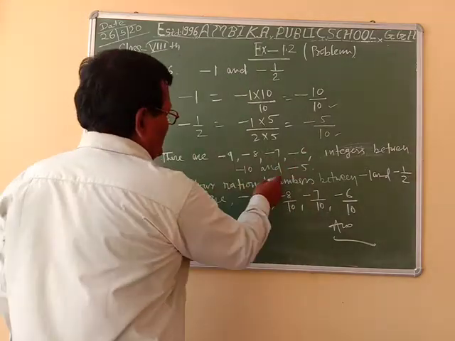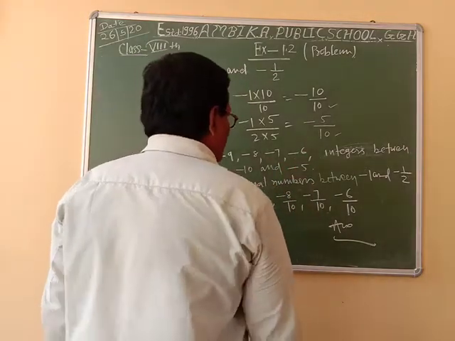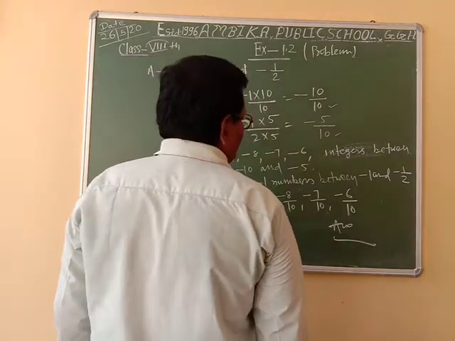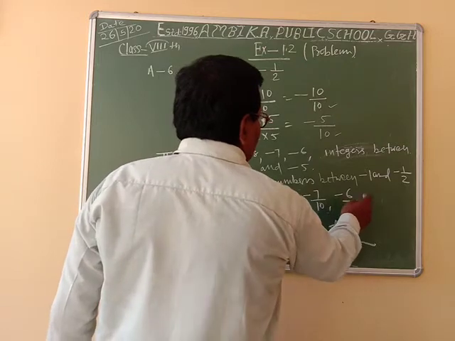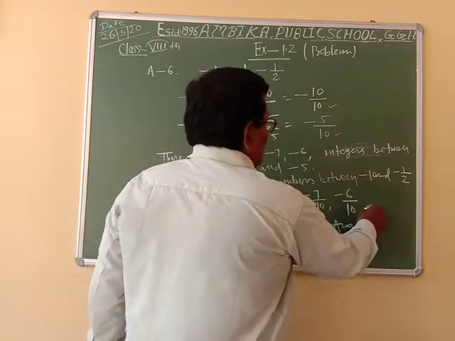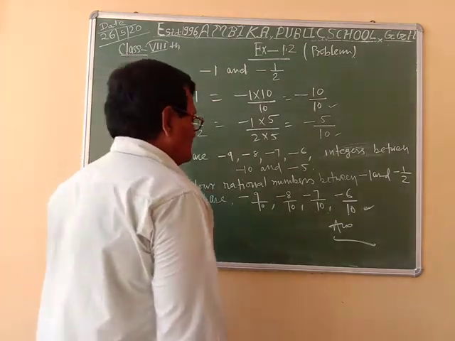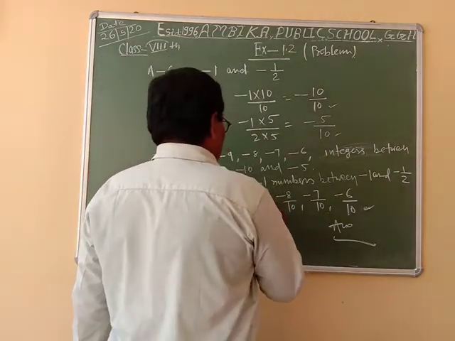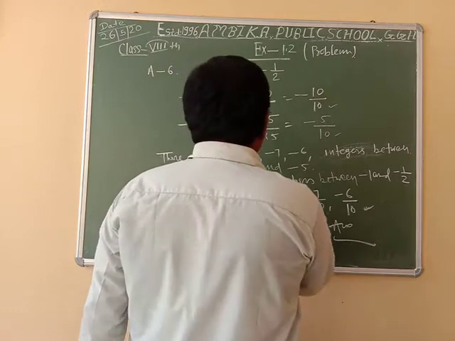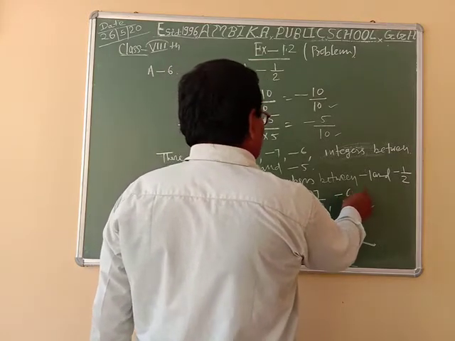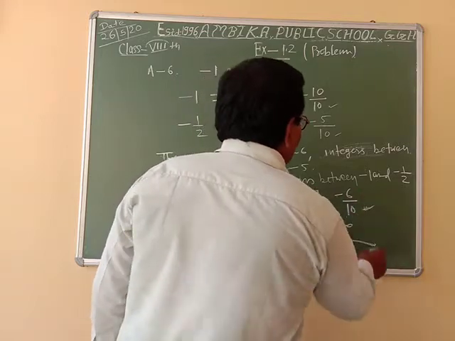So four rational numbers between minus 1 and minus 1 by 2 are minus 9 by 10, minus 8 by 10, minus 7 by 10 and minus 6 by 10. Other values may be possible.